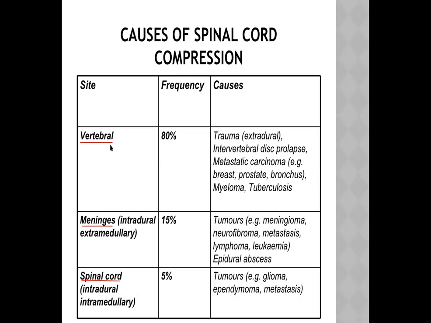If there are pathologies in the vertebra, remember the spinal cord is present in the vertebral canal, at the central part of the vertebra. So if there are vertebral diseases, then there is a high chance of spinal cord compression, and this is the frequency. Almost 80% of the time, there is spinal cord compression in case of vertebral diseases.